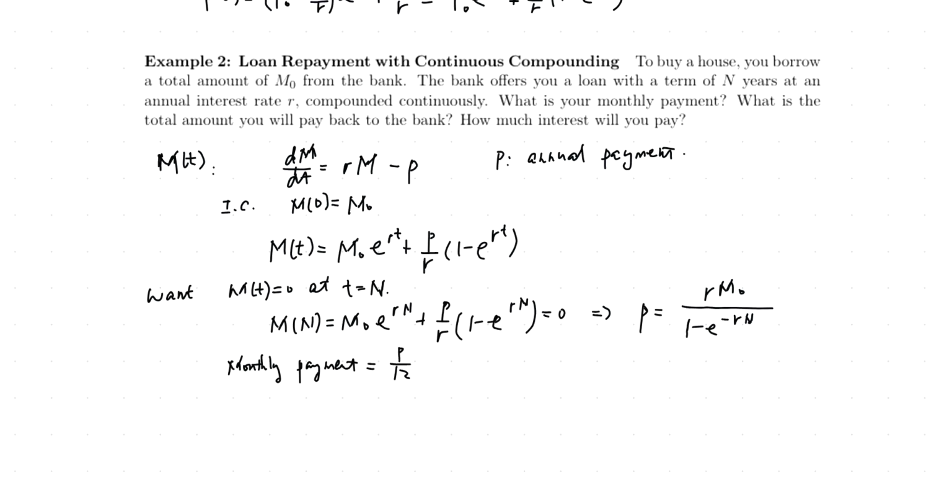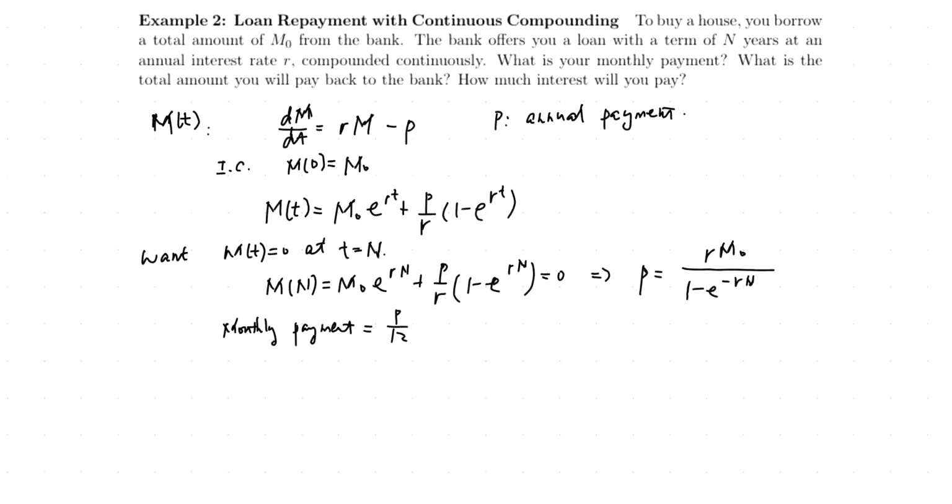And it also asks us what the total amount you pay back to the bank is. The total amount you paid to the bank is n multiplied by P, because P is your annual payment and you pay back to the bank over n years.